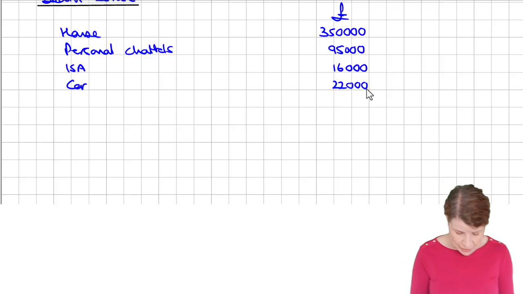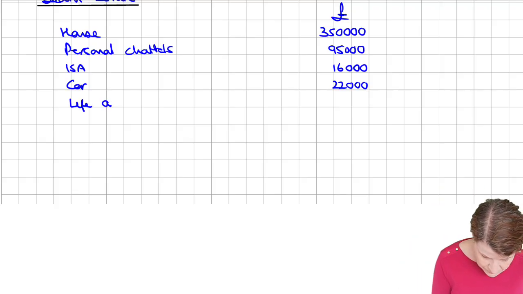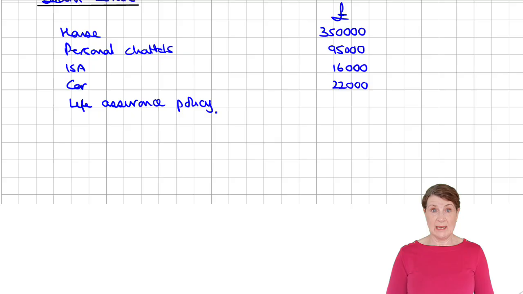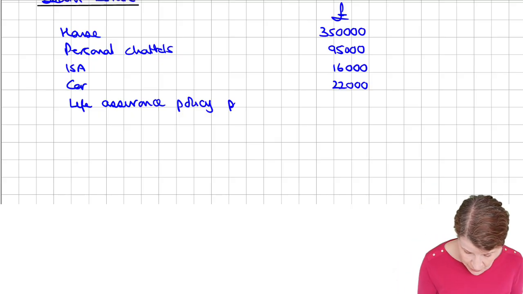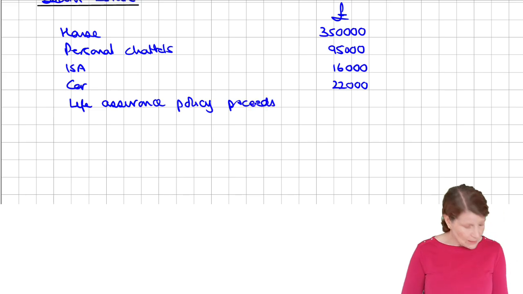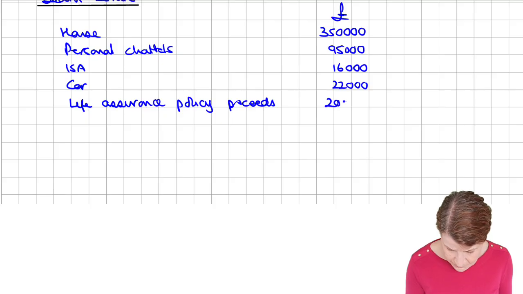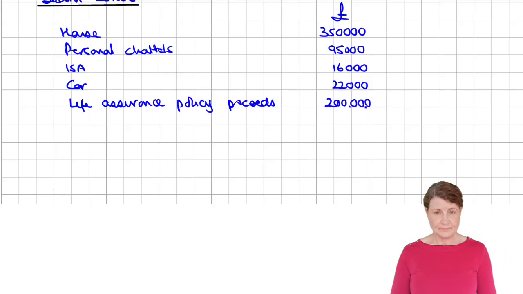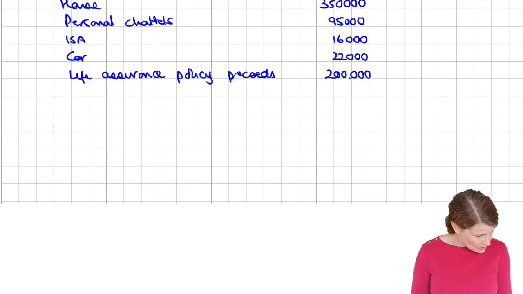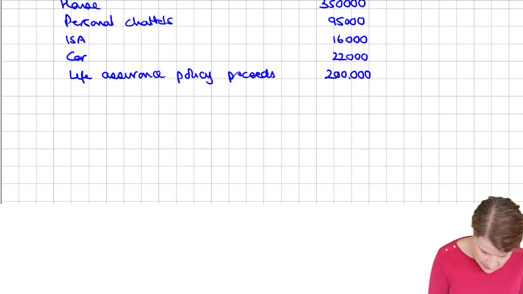And we've got a life assurance policy. It's on Hamish's own life, so therefore it's going to pay out on death. So we've got proceeds, and it's paid out £200,000. We've got some expenses in there as well, funeral expenses.